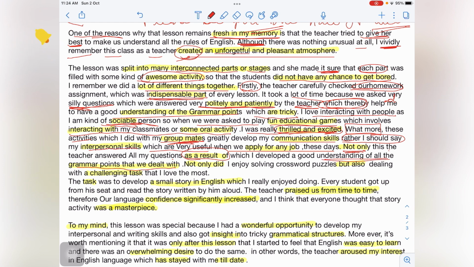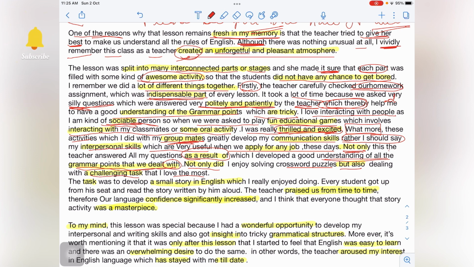Not only did I enjoy solving the crossword puzzles, but also, this is a not only... but also sentence, dealing with the challenging task that I loved the most.